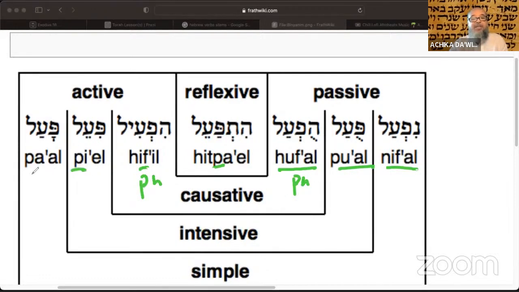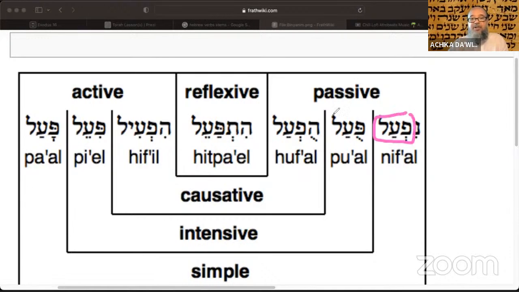And then P and then P. So they all have something in common. So all of our stems have something in common. And what they have in common is, I'm going to show you, so we can take the mystery out of everything. Because I think they did this on purpose, to discourage individuals from learning the language.